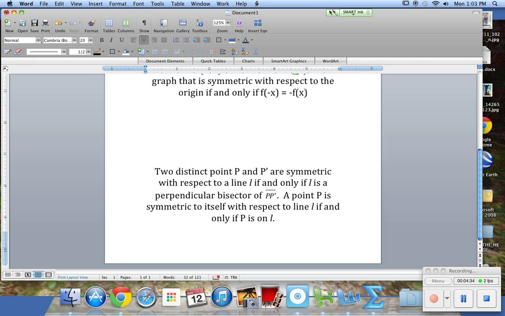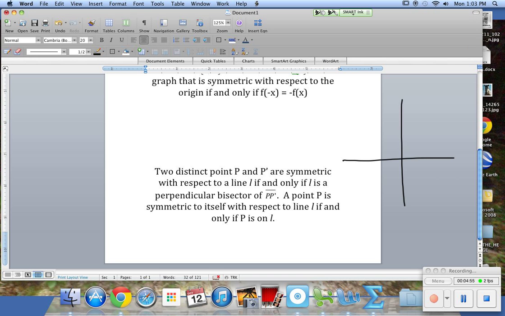Two distinct points, P and P prime, are symmetric with respect to a line L if and only if L is a perpendicular bisector of the segment P P prime. Now, that's what I showed you just a little bit ago.